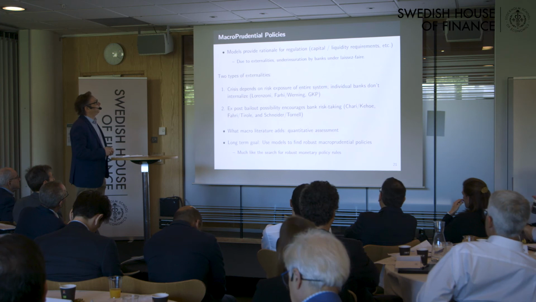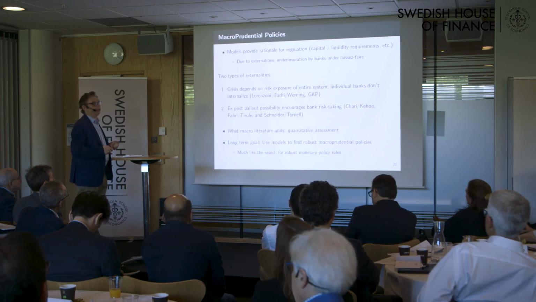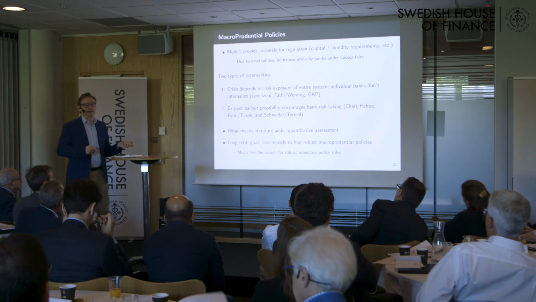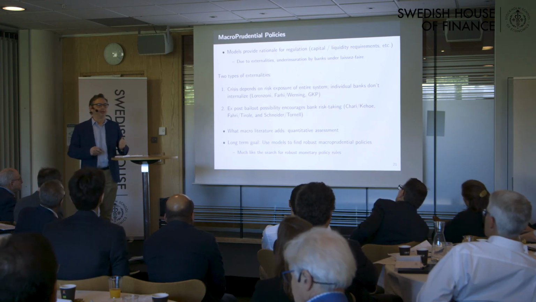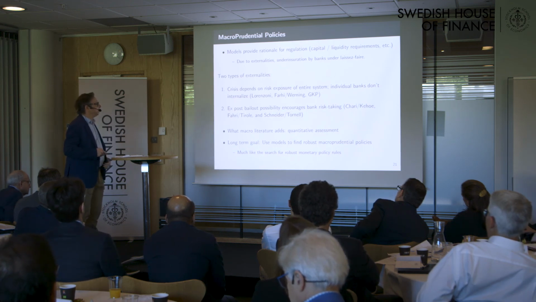Okay, macro-pru, well, that's been discussed. The issue comes up in the macro models as well. There are similar kinds of externalities in the macro model that motivate a need for regulation. This has already been discussed here. What does the macro literature add? Well, the potential for quantitative assessment.